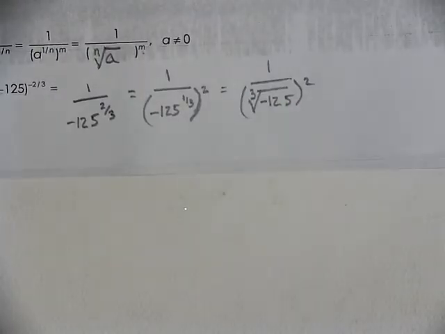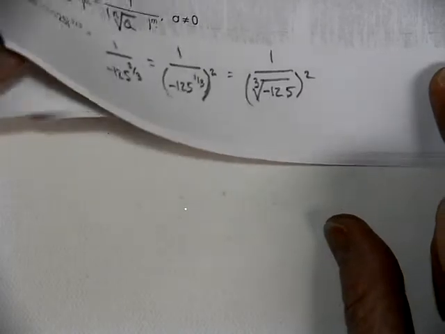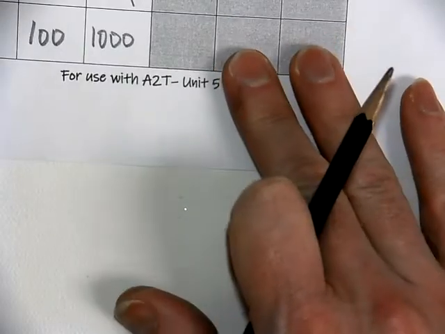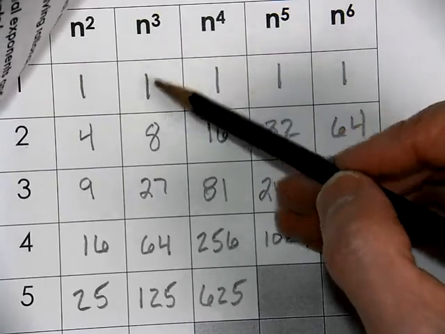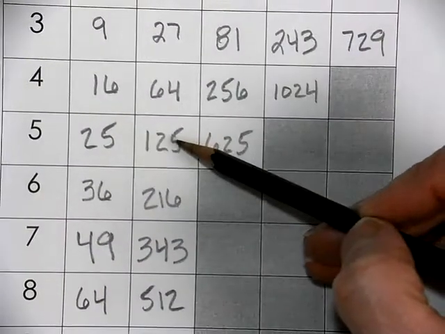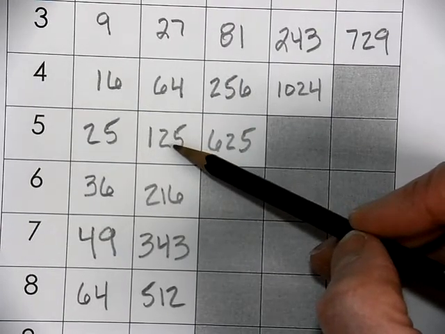What number times what number times what number makes 125? If you flip back to your power table, you'll see that under the cube, 125, 5 times 5 times 5 makes 125.